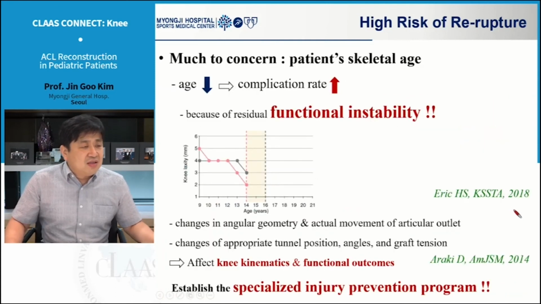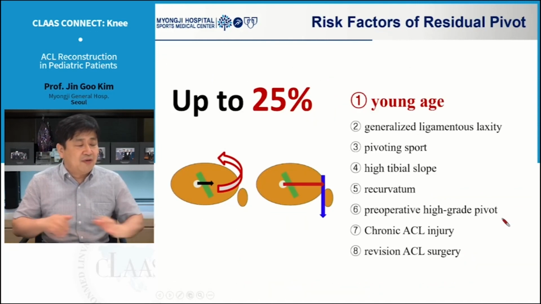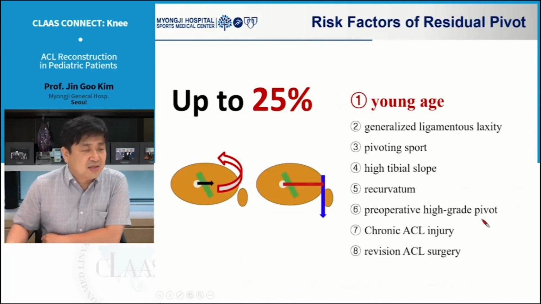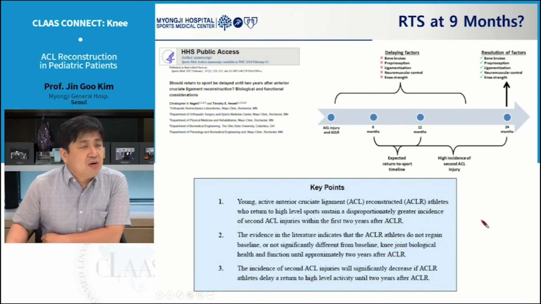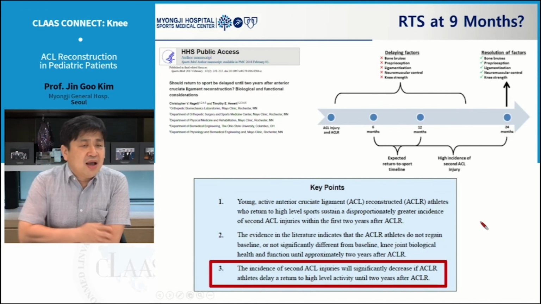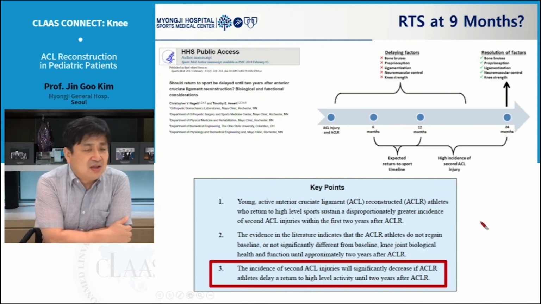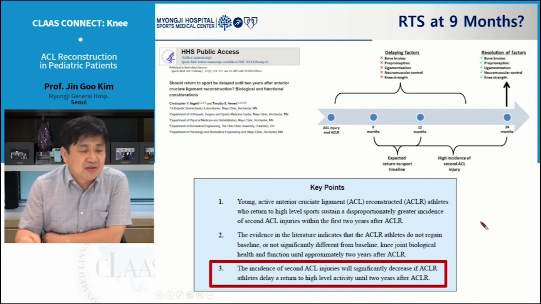This is because of the functional instability. So we need to introduce a specialized injury prevention program for this higher risk group of adolescents. Return to play at 9 months is safe for the adults, but still dangerous for the adolescents.